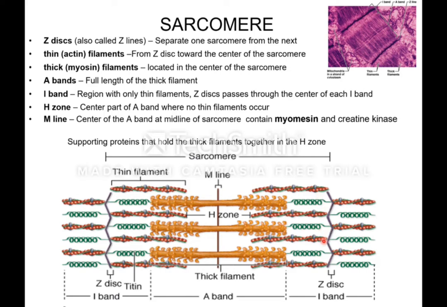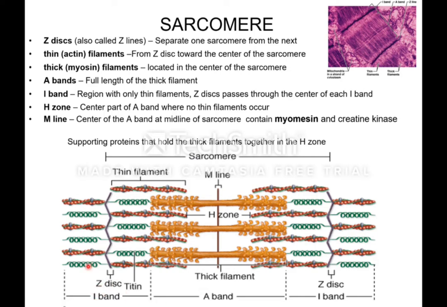In each sarcomere located between two Z discs, there are two types of filaments, thin and thick. The A band, as you see here, is the full length of the thick filaments, and is the term mostly used in physiology. In histology, we mostly use thick and thin filaments.